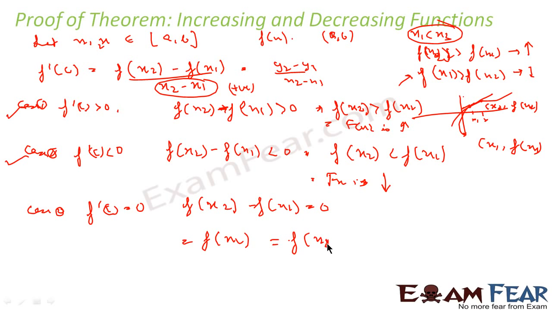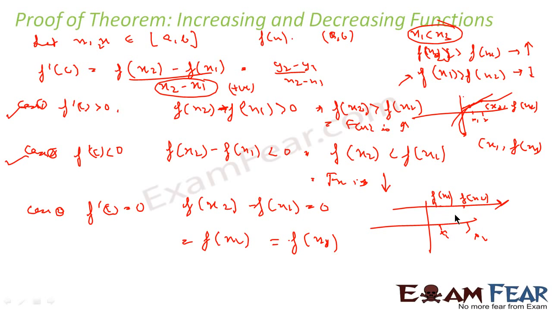If that is true, that means the function is constant, like this. You take any values x2, x1, this is the same. This is f of x2, this is f of x1. This is x1, and this is x2. Correct?